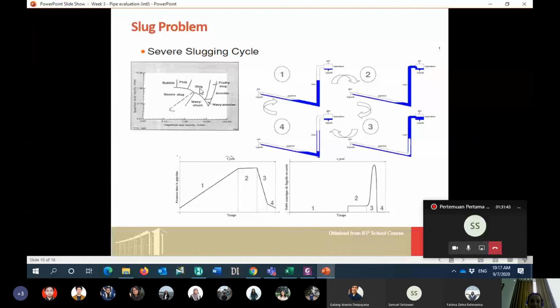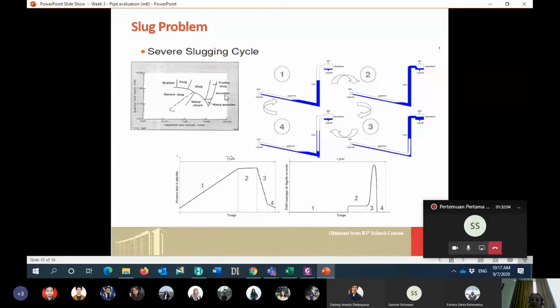If you want to avoid the slug, for example a slug in this area, what you can do is move your operation to the right side, because the good region is the annular.